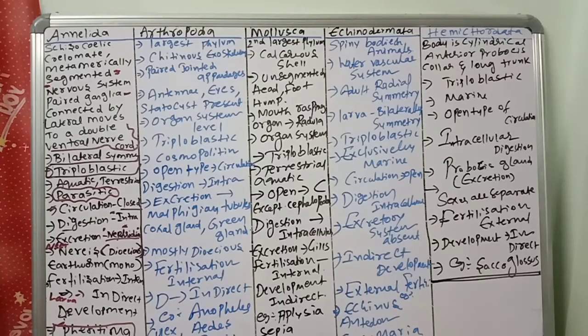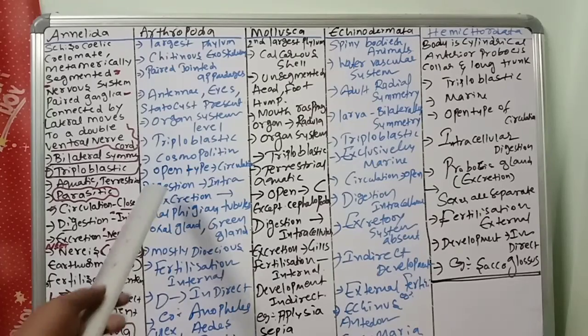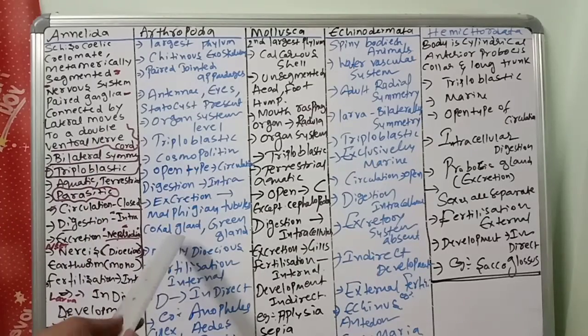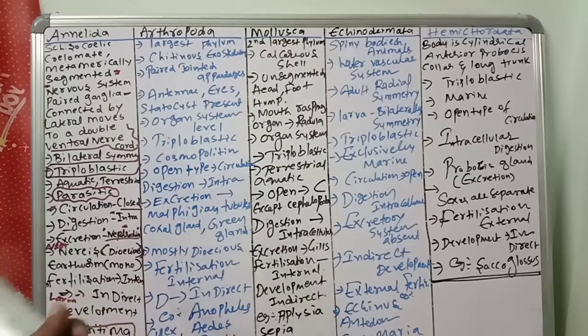So what are the need bits? First, annelids: fertilization is internal, and all are monoecious, but Nereis is dioecious. That is the first bit. The second bit, Arthropoda: coxal gland, green gland, and Malpighian tubules are the excretory organs.